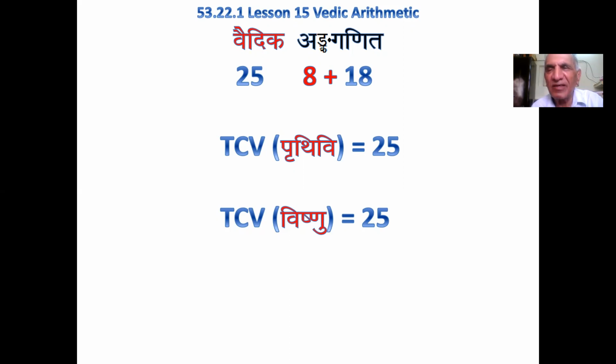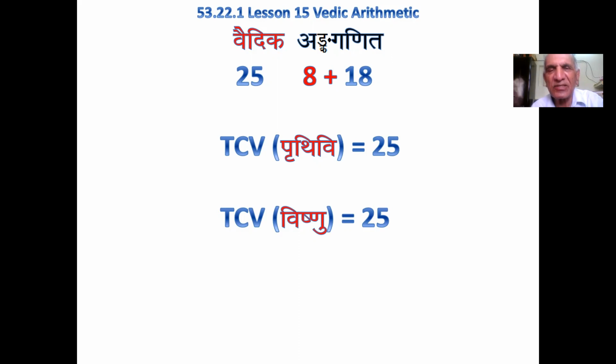The Vedic as a letters formulation leads us to value 25. Ankganit as a letters formulation takes us to 8 plus 18, 26, as the numbers alphabet value. From the letters alphabet, we have to reach the numbers alphabet.